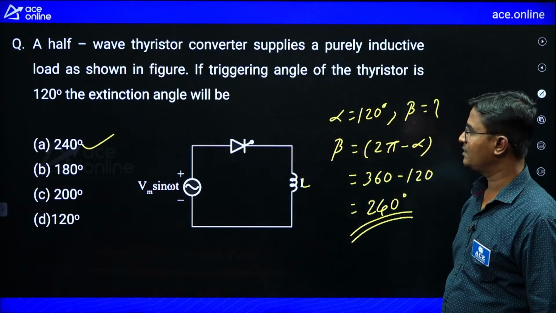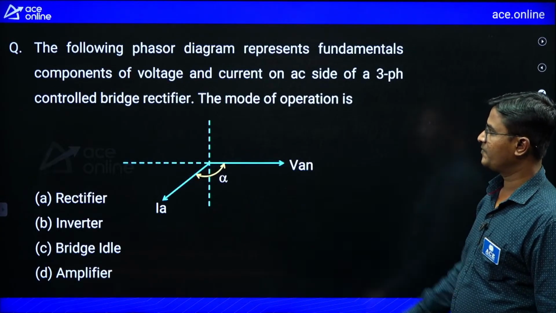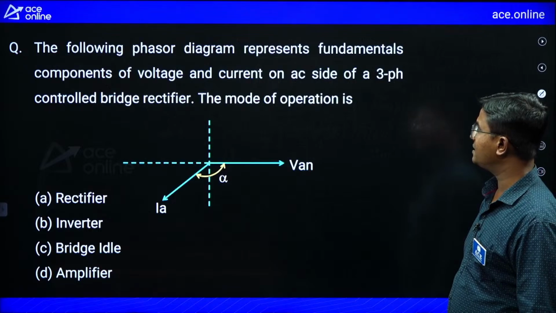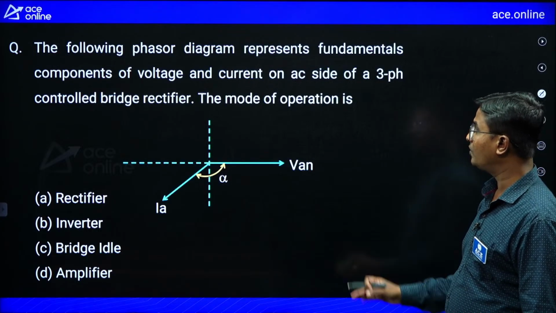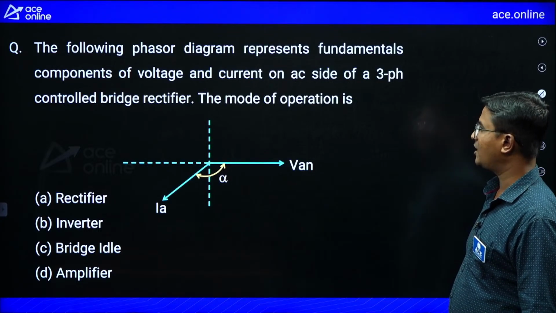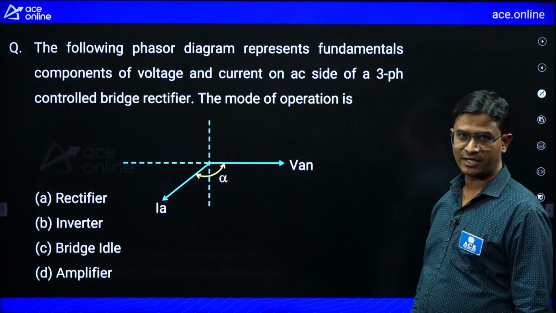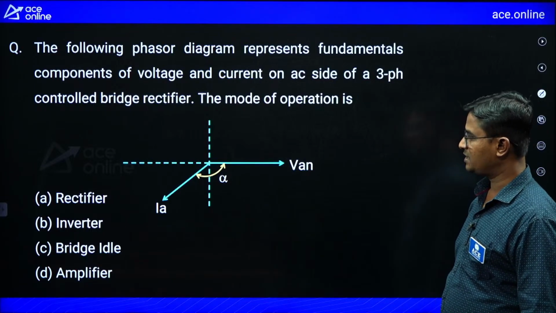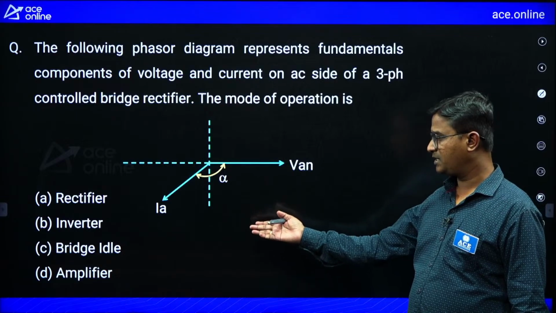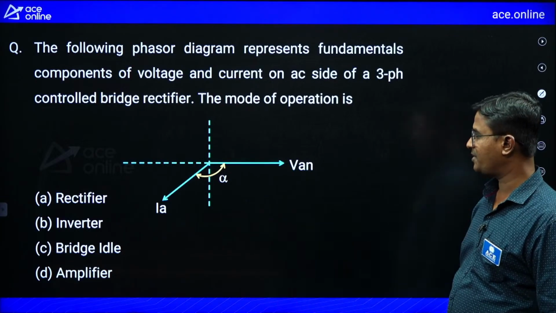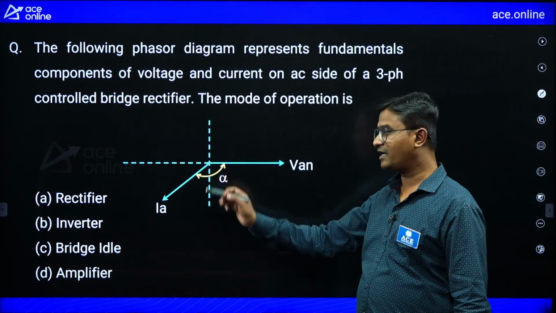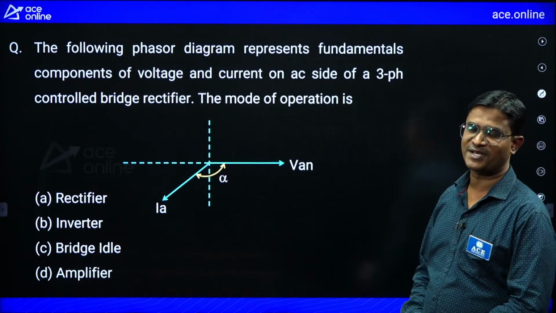Next, the following phasor diagram represents the fundamental components of voltage and current on the AC side of a 3-phase controlled bridge rectifier. The mode of operation is, yes, rectifier, inverter, bridge idle or amplifier. Come on, tell me. Now alpha is here greater than 90 degree. So what is the mode of operation?